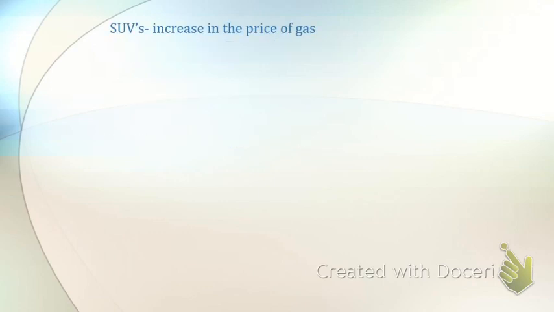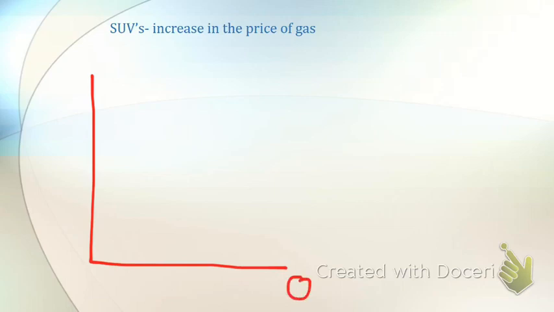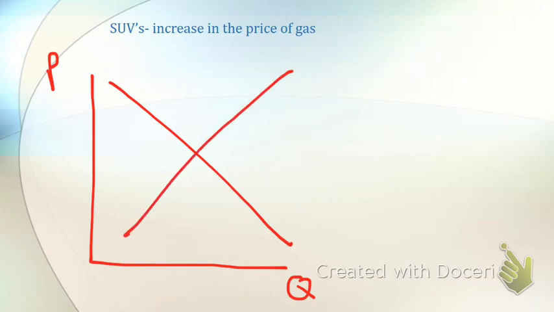If we graph SUVs and there's an increase in the price of gas, what's that going to shift? What variable does it shift?